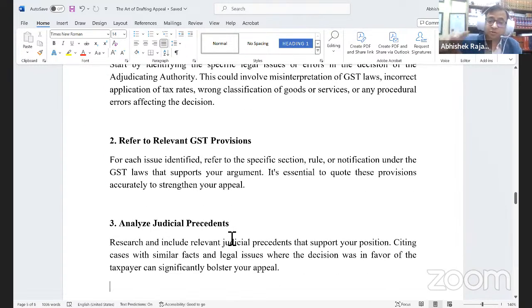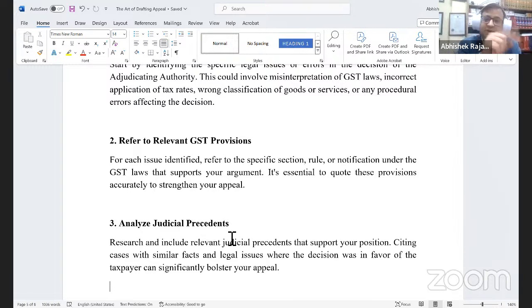Once you write grounds of appeal, you should always copy paste the relevant act or rules or notification. The act which was applicable on that day or that year needs to be copy pasted. That does not mean that today's act you would be copy pasting.